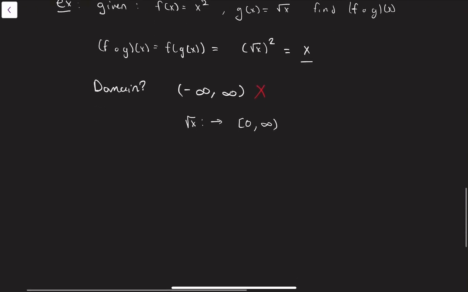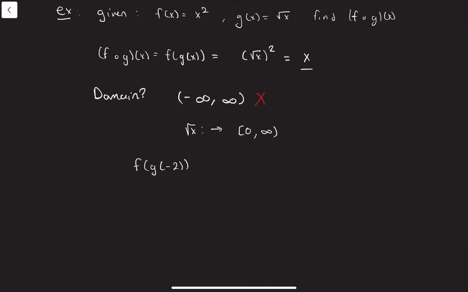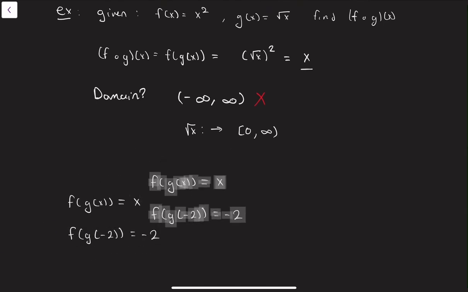And you might be wondering, why is this the case? Well, let's say we wanted to compute f of g of -2. You could say, okay, well, f of g of -2 is just equal to -2, since f of g of x is equal to x.